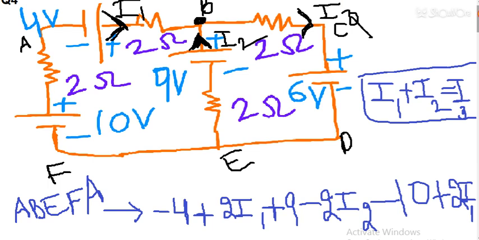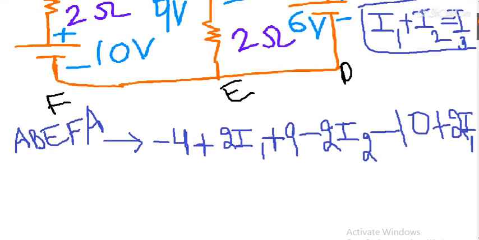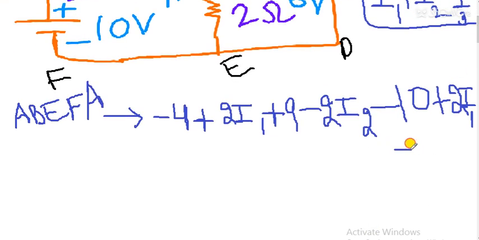Students, I have tried my best to explain the equation to you. This whole expression is equal to 0. Now combining the terms: minus 4, minus 10, and plus 9. Minus 10 and minus 4 is minus 14, and minus 14 plus 9 is minus 5. So minus 5 will be the constant value. 2I1 plus 2I1 is 4I1.